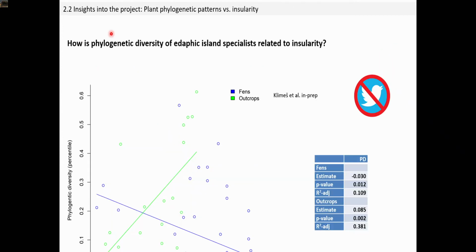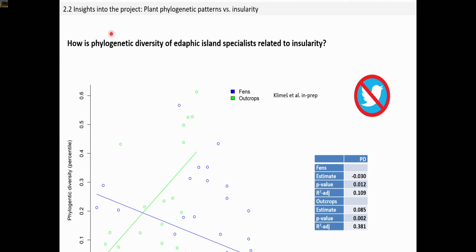And then we want to know also whether and how the phylogenetic diversity of the edaphic island specialists is related to insularity. And this is quite interesting because the phylogenetic diversity is declining for fans, whereas it's strongly positive for outcrops. And for fans, interestingly, I put this dashed line, which means significance at alpha 0.05.